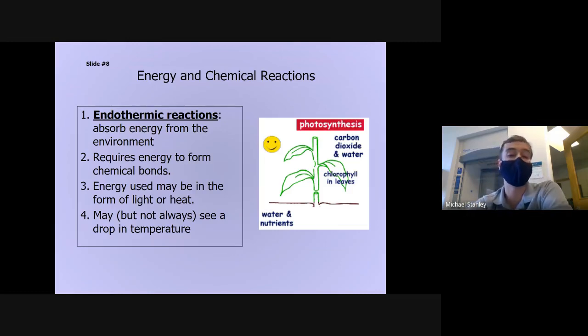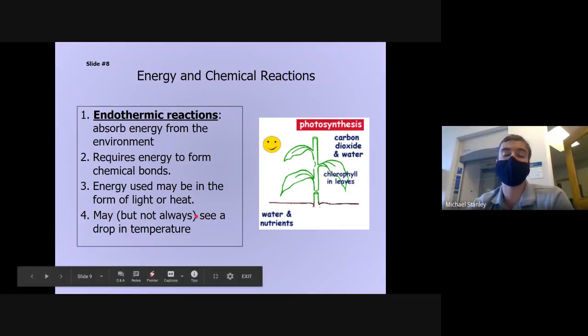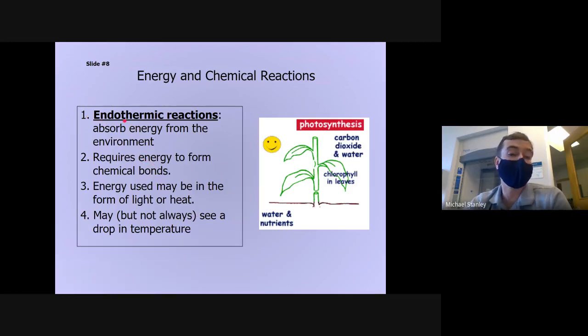There are some endothermic reactions that do cool things off, but it's not as common as releasing energy into the environment. But an endothermic reaction is absorbing energy, usually to build some sort of large number of chemical bonds for a big molecule like glucose, a big sugar molecule like that guy.